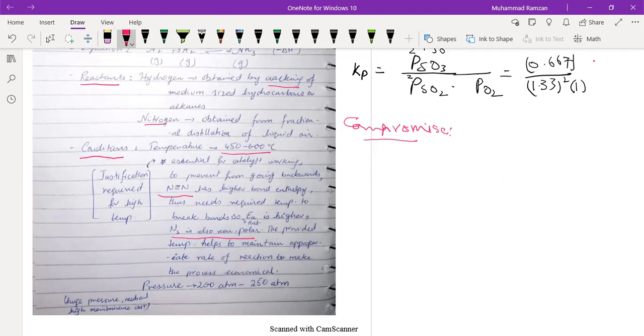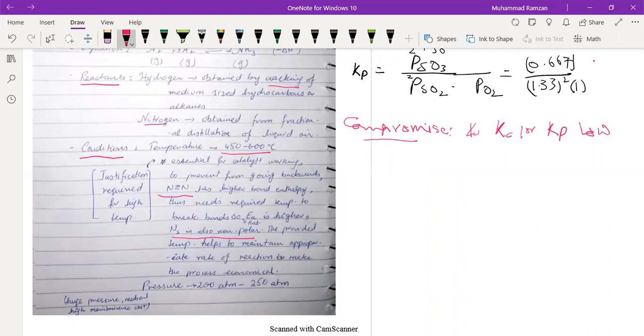There is also one more comment regarding the Haber process: Kc, or you can say Kp, is low.